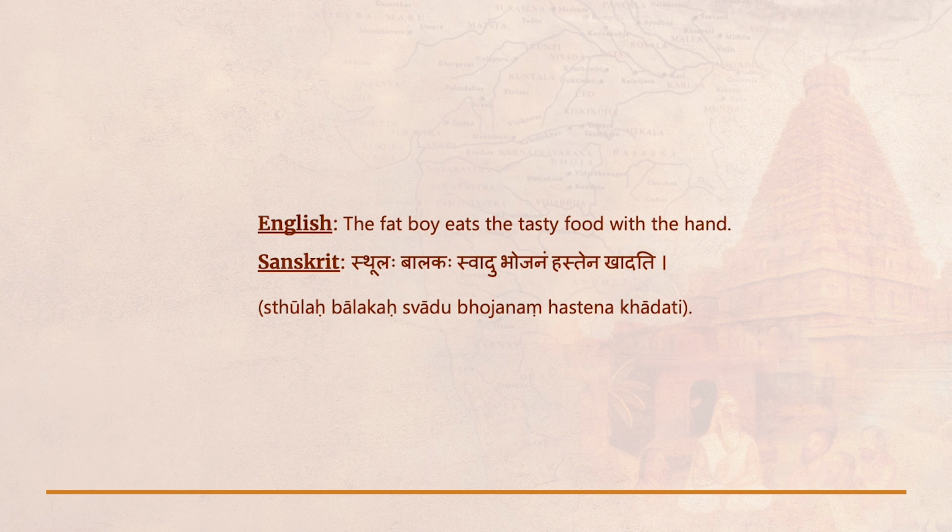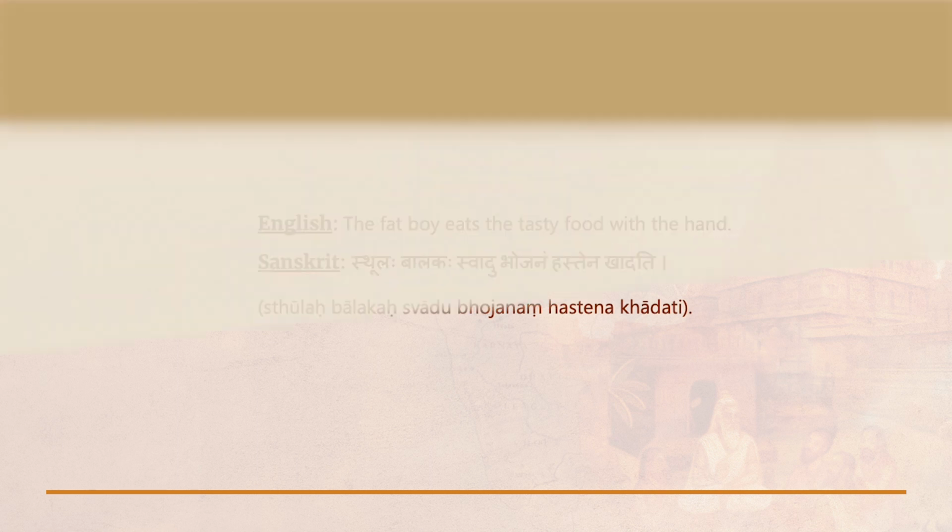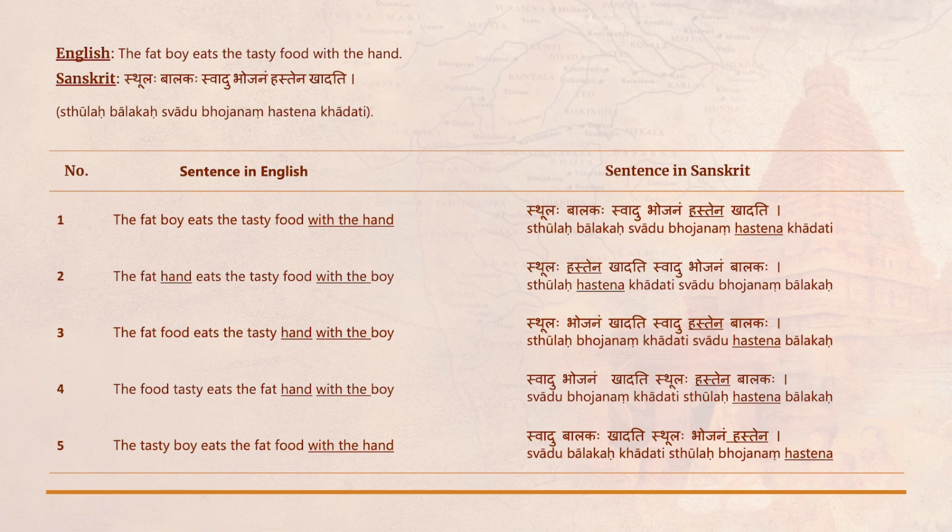But let us do something with these two sentences. Now on the left, you see sentences in English, and I have kept on changing the order. So there are 5 orders here. The fat boy eats the tasty food with the hand. That's the first version. The fat hand eats the tasty food with the boy. That's the second version.